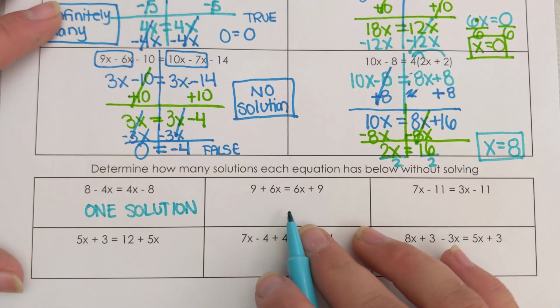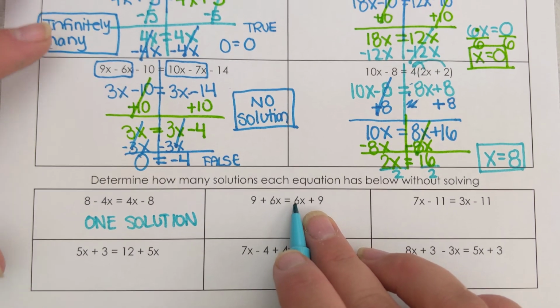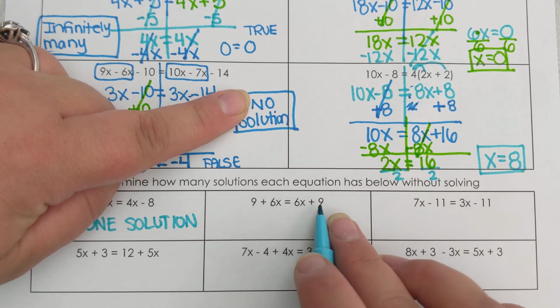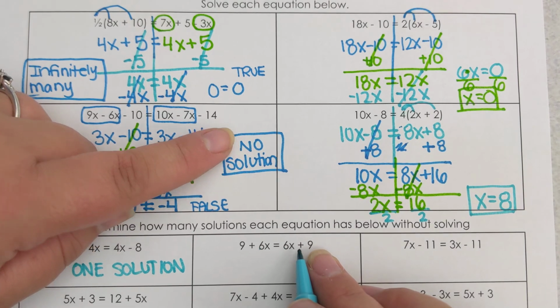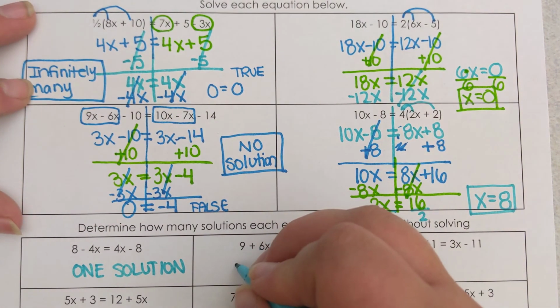Okay, on the next one, I do have a 6x on both sides. So that means it's going to be one of these two. And then I have to look and see, is the other number the same too? It is. Even though it's written in a different order, it's the same information on both sides like this one. So that's infinitely many.